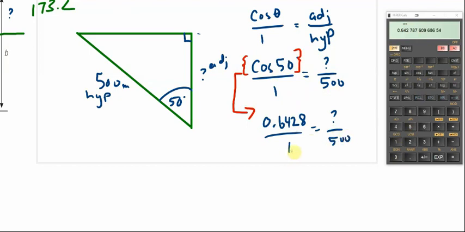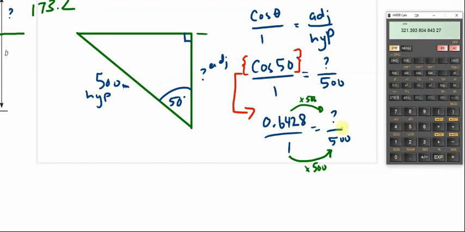Now I'm going a little fast. I'm trying to get through this while saving some recording time. Going from 1 to 500 is times 500. And that will give us this part of B here. Okay, so 500 times 0.6428. But again, it's in my calculator, so I'll just go times that by 500.